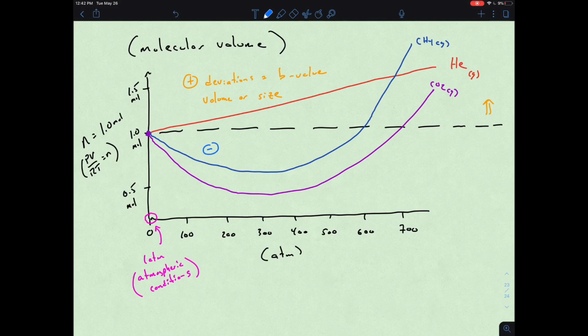And then if we look at the bottom, we have negative deviations, or our A value. And so those are deviations going down. And so that results from the notion of our forces of attraction.